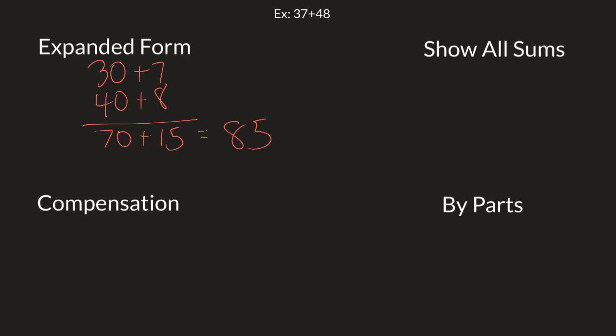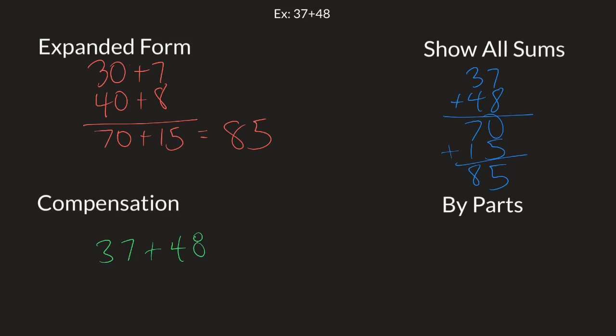Showing all sums, lined it up the same. 37 plus 48, and then added the place values again. 70, because 30 plus 40 is equal to 70. And then by the ones is 15, and your answer would be 85. Compensation would have us lining up any way that you'd like. I like doing it this way.